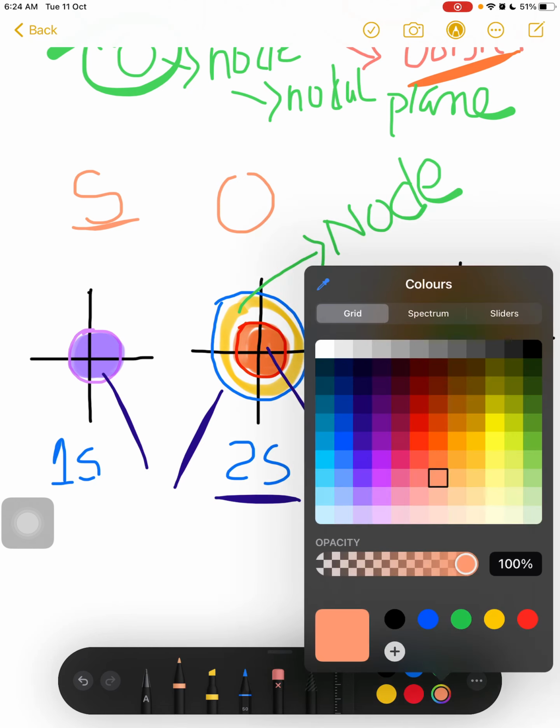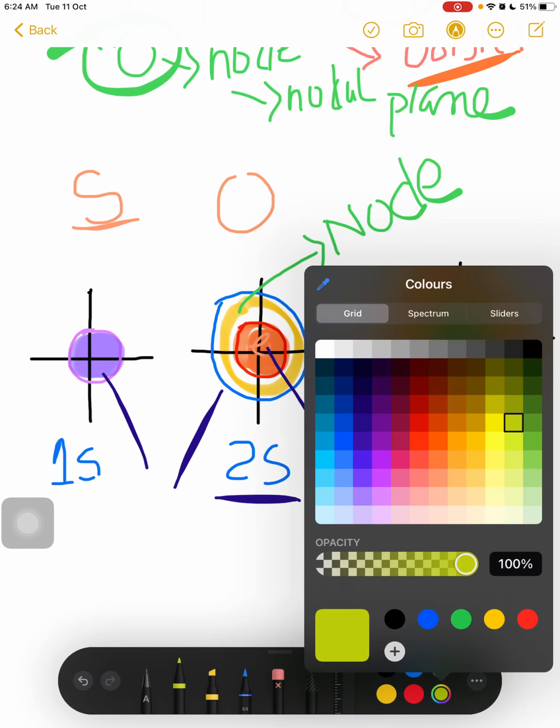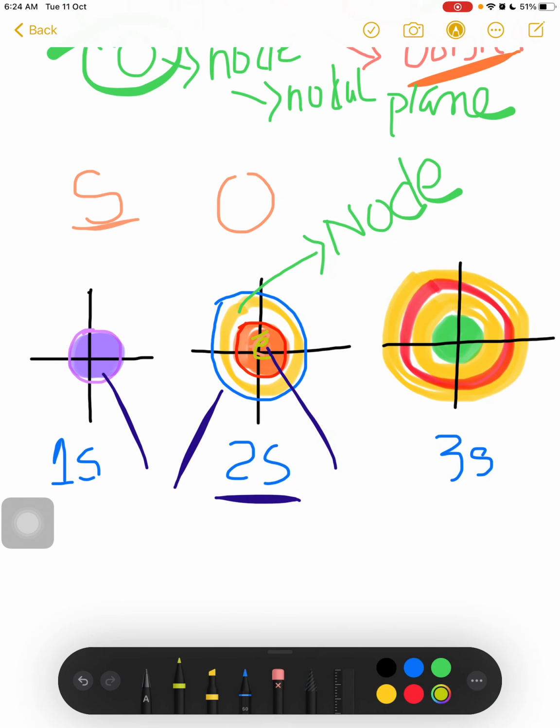You will find that an electron can revolve here, in that blue region too, in that 2s shell, but it won't revolve in this region. So this is known as a node, where the probability density of the electron is 0. Now let's talk about 3s.